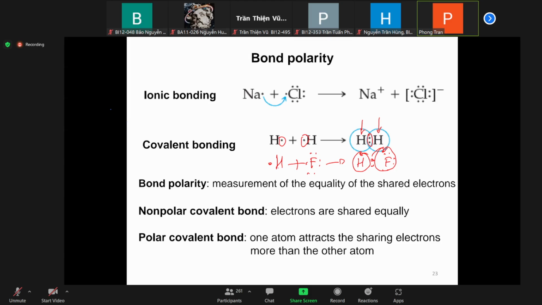So the two guys say, okay, we pay the same amount of money, and then we become co-owners of our company. If both of you contribute the same amount of money, then the company is co-owned by the two of you, and you will have similar responsibility and the same capability to make decisions. That is the case of perfect covalent bonding.